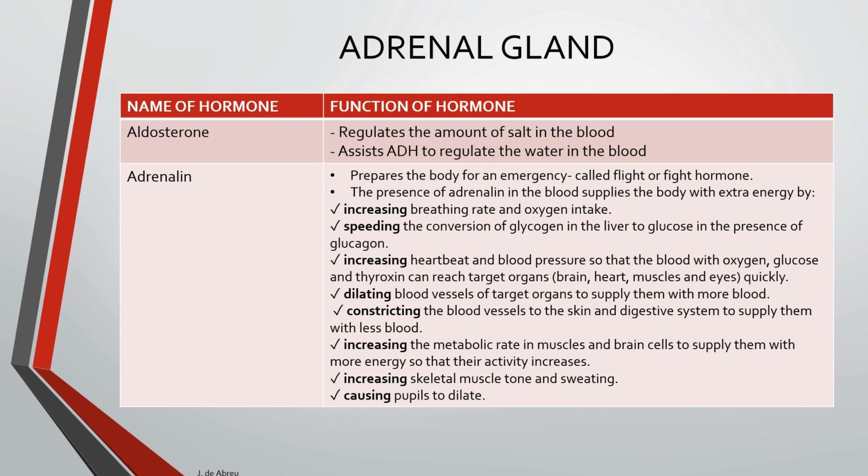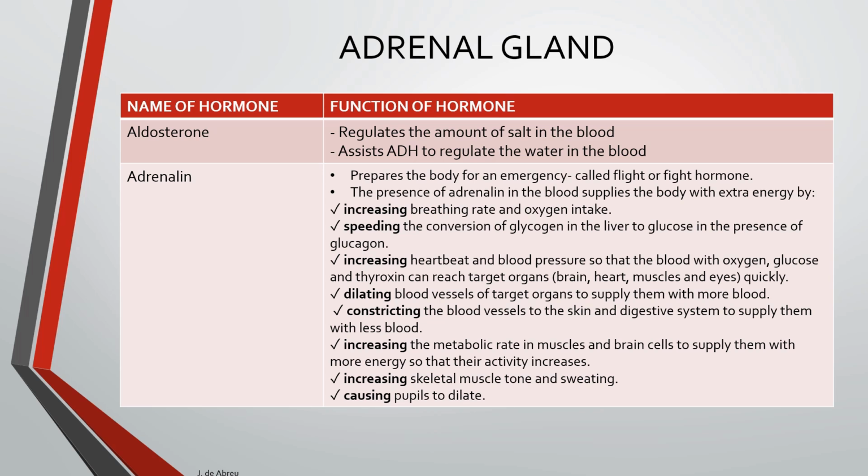Another thing the body does is it increases the metabolic rate in muscles and brain cells to supply them with more energy so that their activity increases. So another thing, the whole thing is just about getting more energy to these target organs. So it does that also by increasing the metabolic rate. So right now we have increasing cellular respiration, which requires oxygen and glucose.